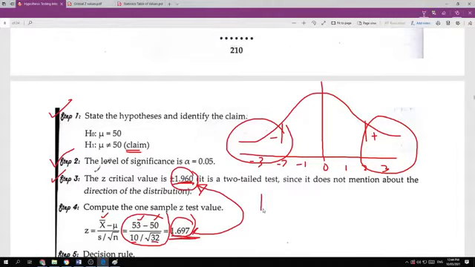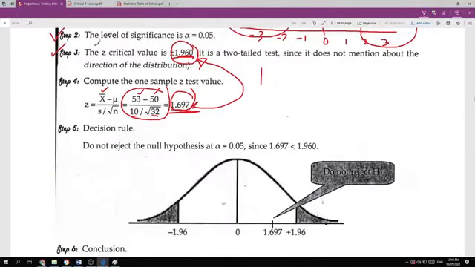Okay. If it's less than, what is the decision? Do not reject. Okay. That's fail to reject H0 or do not reject H0.